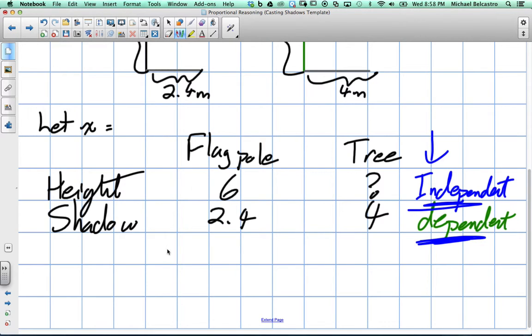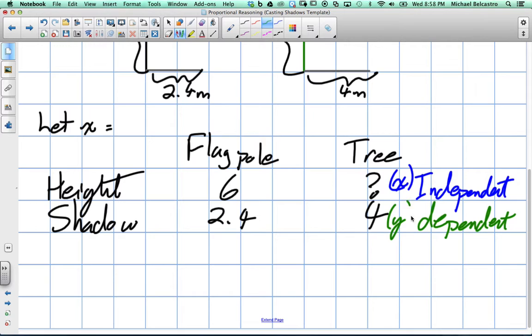The shadow length is not going to affect the height of something; that could just be the sun in a different place in the sky. So our independent variable is what we usually call our x variable, which works out really well because our unknown is here. And our shadow will be our dependent, our y information.